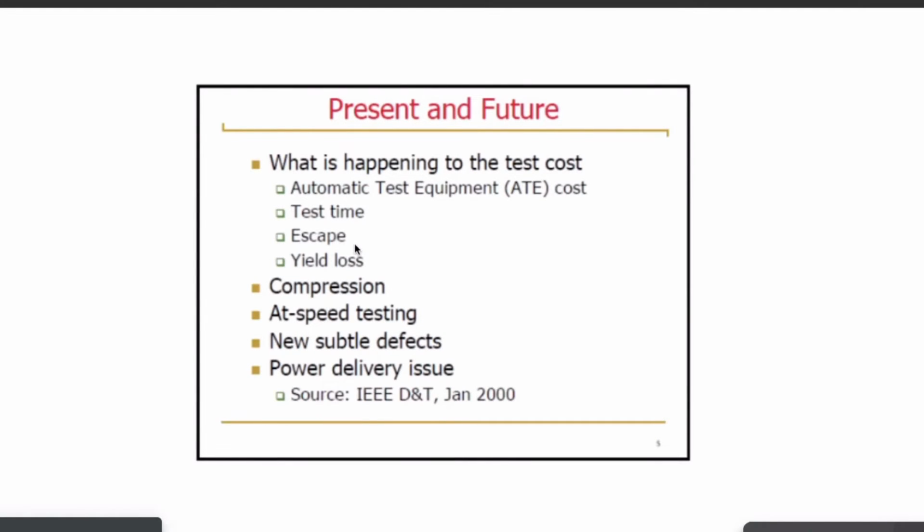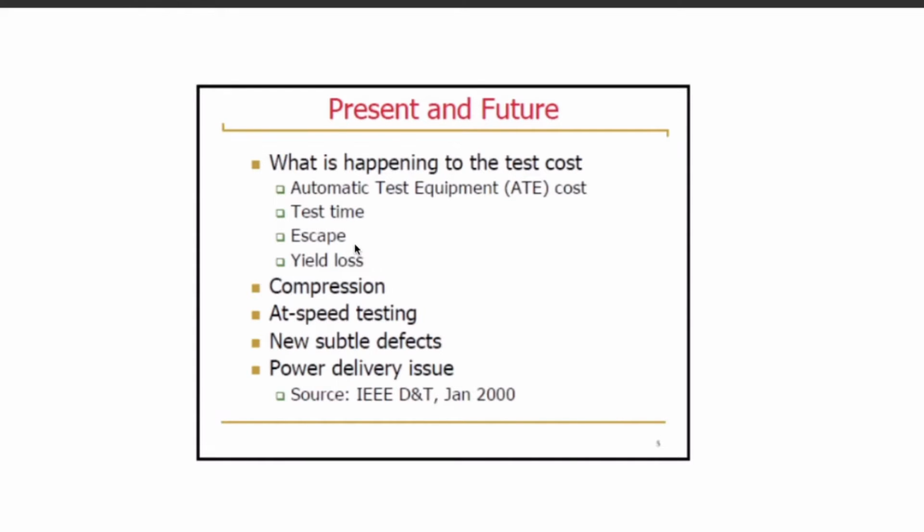Basically we compress the pattern so that it uses low memory, to save the cost of testing. And we also do at-speed testing, so that we can perform faster test cycles.